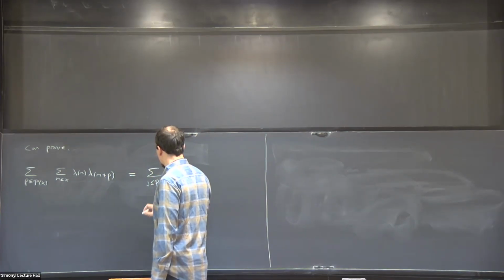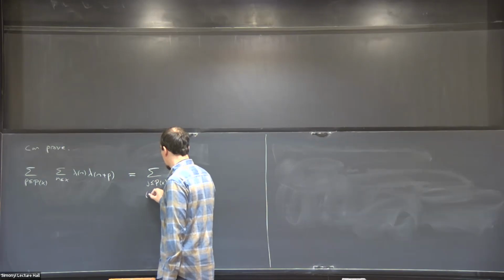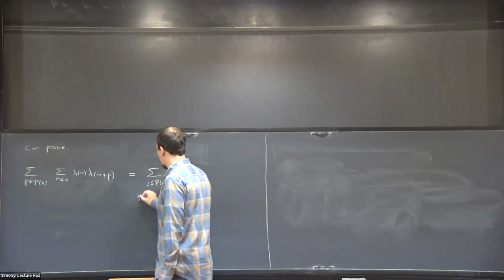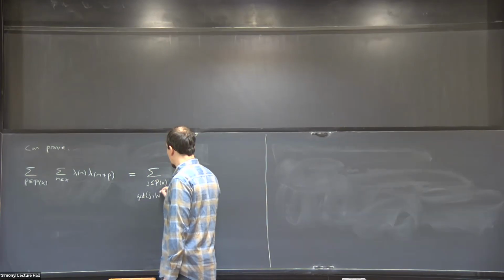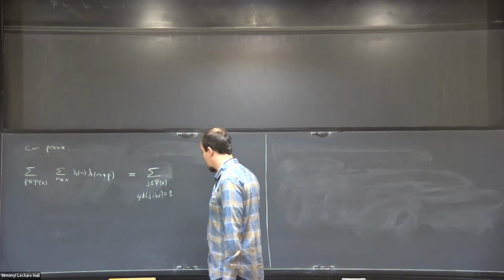So we can make the p sum a j sum over integers with the GCD of j and the product of small primes being 1.